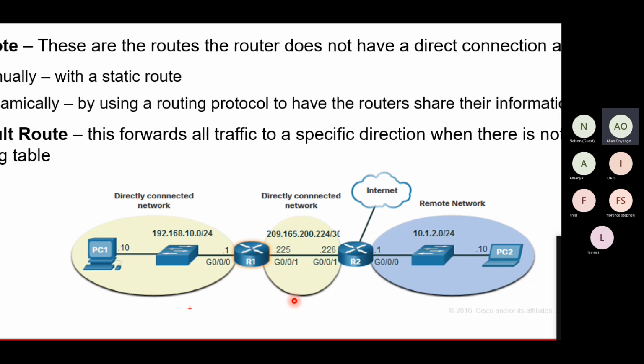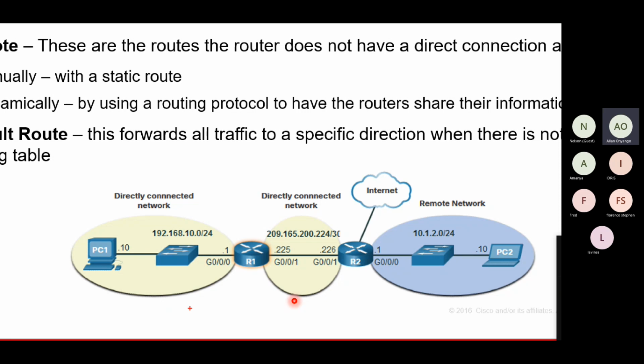Now, how is it that a router in my network here is able to communicate with the network where you are right now? It's because my router must know how to reach the router that you are connected to in your network.